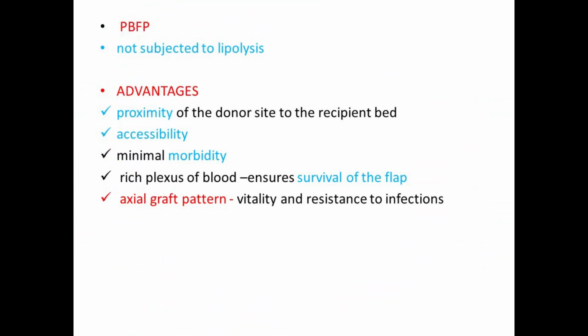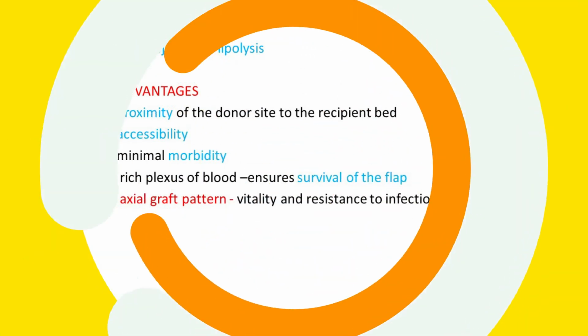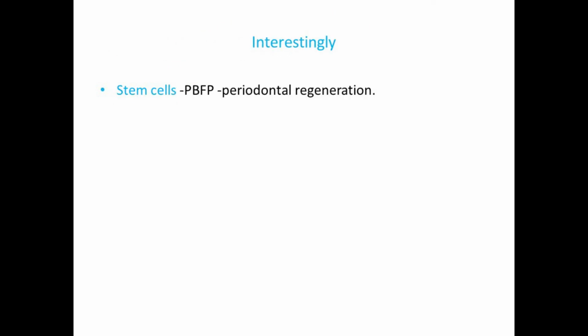The pedicle buccal pad of fat is not subjected to lipolysis, the donor site is in proximity to the recipient bed and easily accessible with minimal morbidity, the rich blood plexus ensures survival of the flap, and the axial graft pattern has vitality and resistance to infection. Interestingly, stem cells are present in the pedicle buccal pad of fat, which have a role in periodontal regeneration.